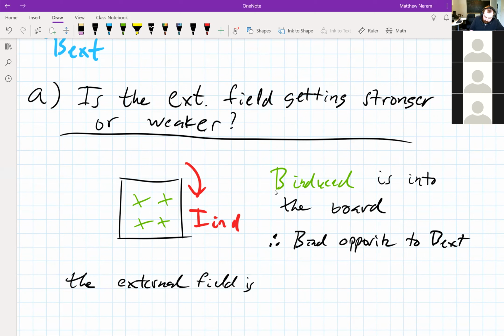So the external field is increasing, right? Opposite flux means I'm going to have to reduce, go against it. The field strength is getting stronger. All right.